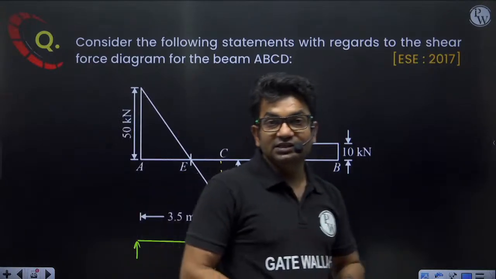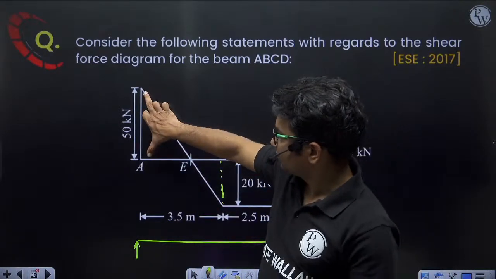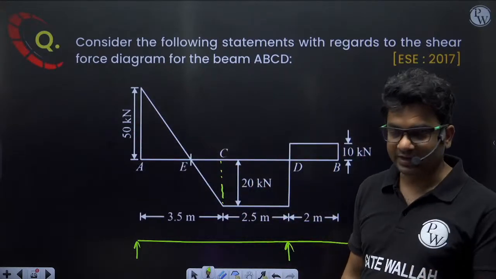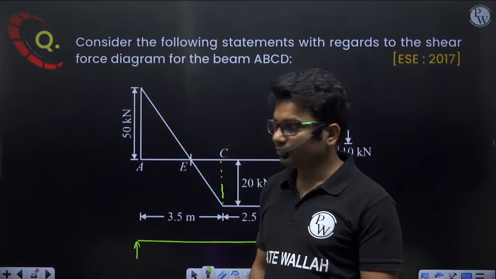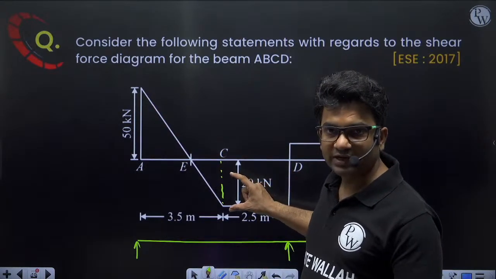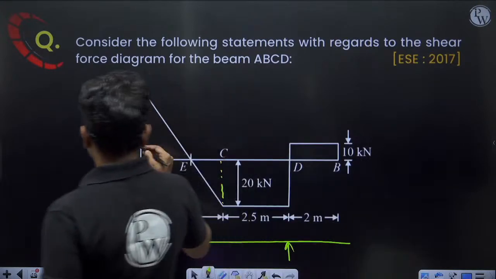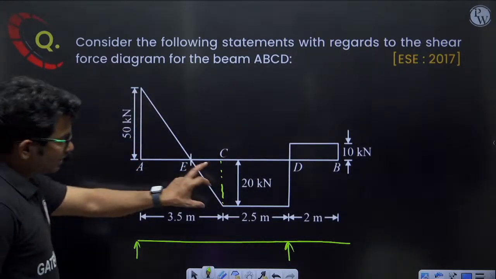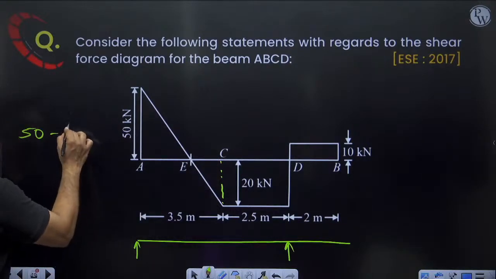Now what is the change in value of shear force? Here the shear force was plus 50. Here the shear force is minus 20. So the change in shear force is 50 minus minus 20, that is 50 plus 20.